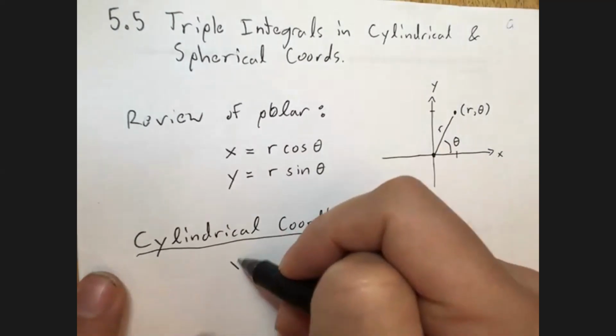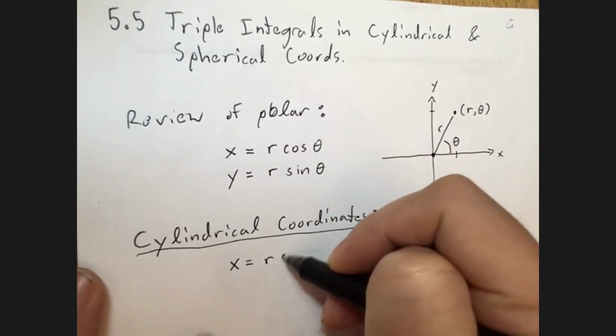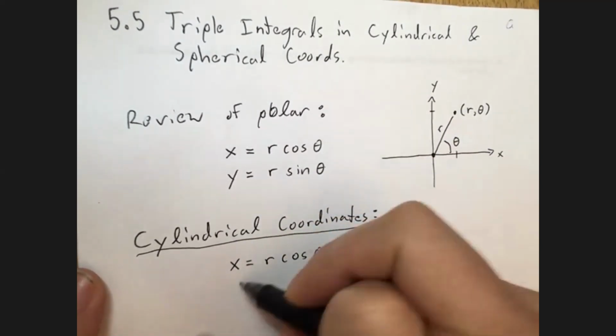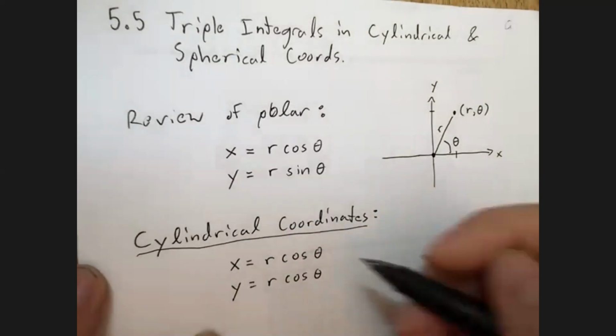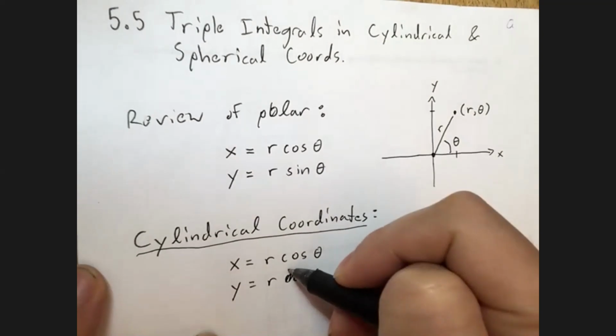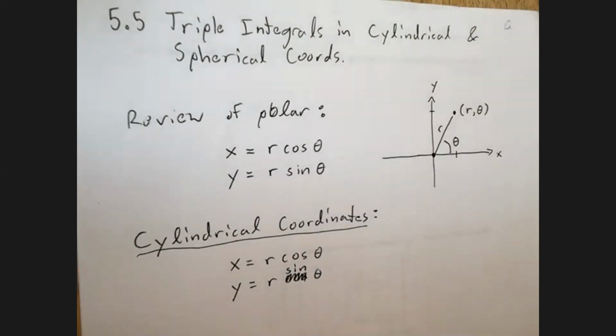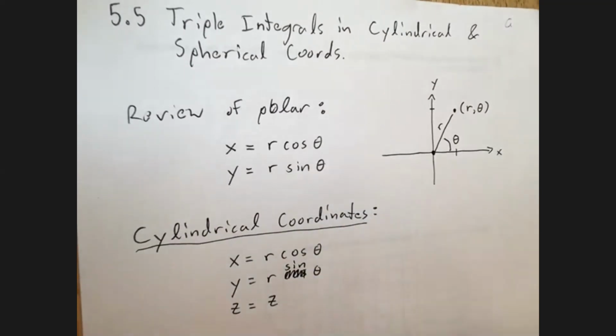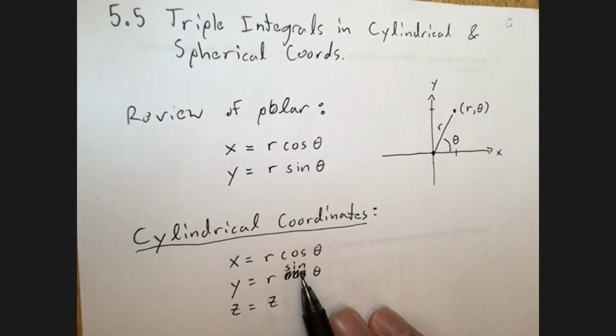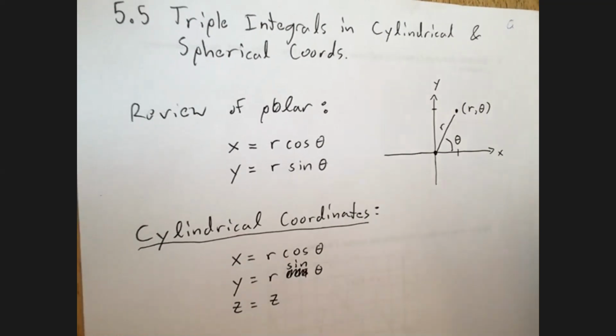The relationships are the same as for polar: x equals r cosine theta, y equals r sine theta. And then how do I convert the z? Well, I just leave it the same. So in cylindrical coordinates, we just add the z coordinate to polar coordinates. That's all it is, polar coordinates plus the z.